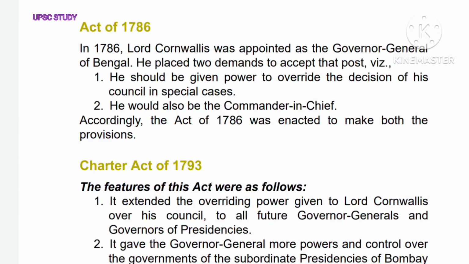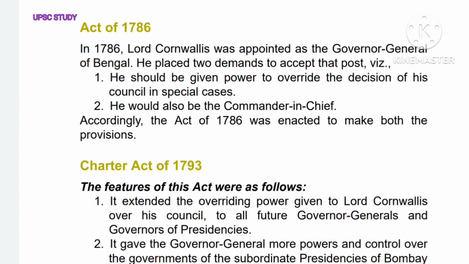Charter Act of 1793. The features of this act were as follows. Number 1. It extended the overriding power given to Lord Cornwallis over his council to all future Governor Generals and governors of presidencies.